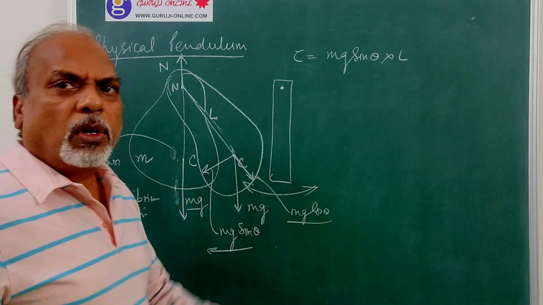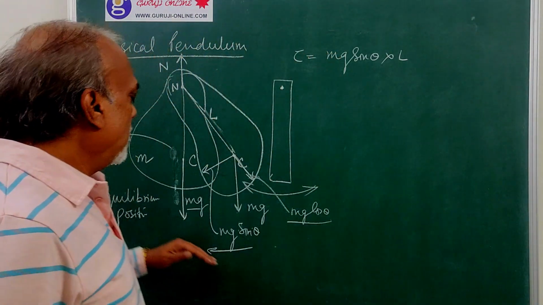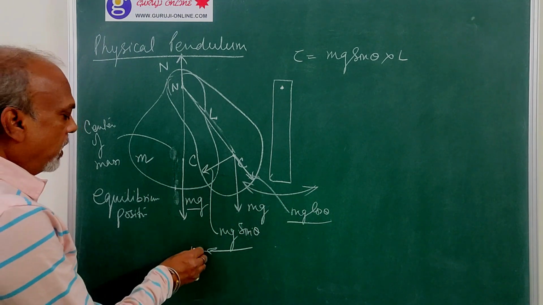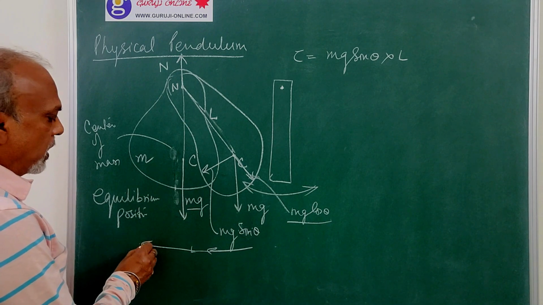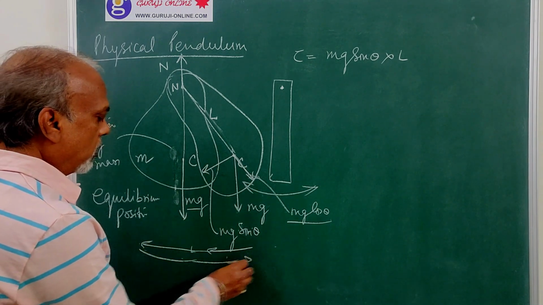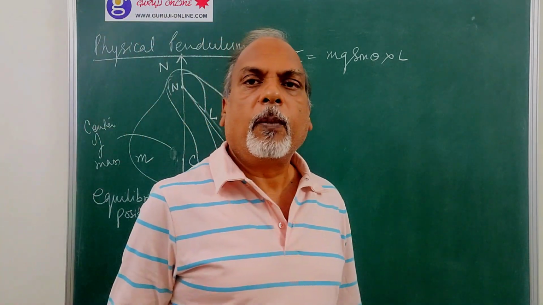Again, as we saw in simple pendulum, it will not remain in the middle position. By inertia, it will go further. Correct? It will move like this and keep on moving like this. And this is called to and fro motion.